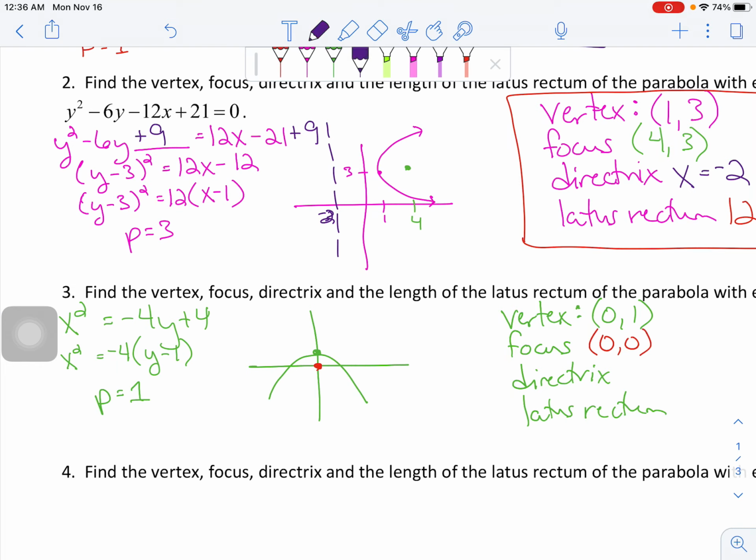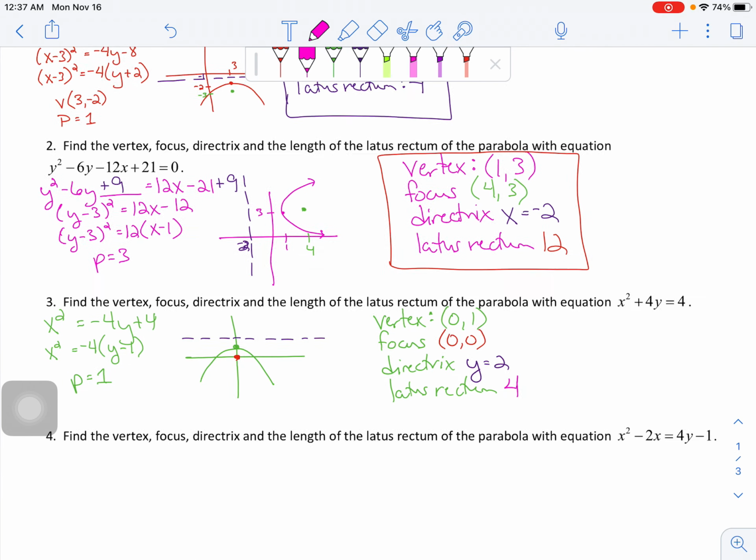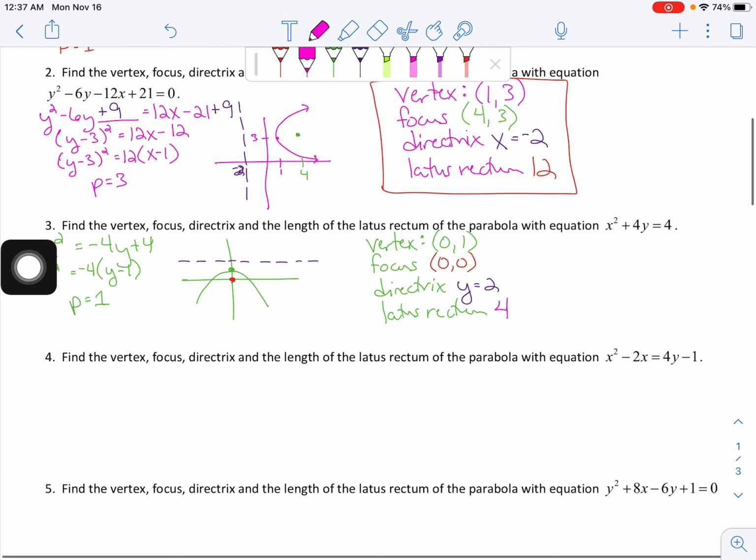Directrix, I'm going to go 1 unit above the vertex and draw myself a little horizontal line here. So that's going to be y is equal to 2. And take your focal distance, multiply it times 4, and you will get the length of the latus rectum is 4 units. All right, so that's number 3.